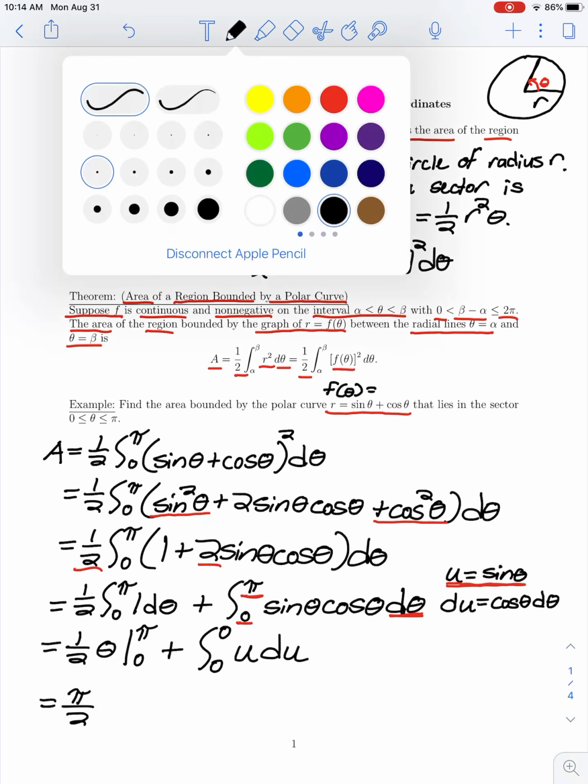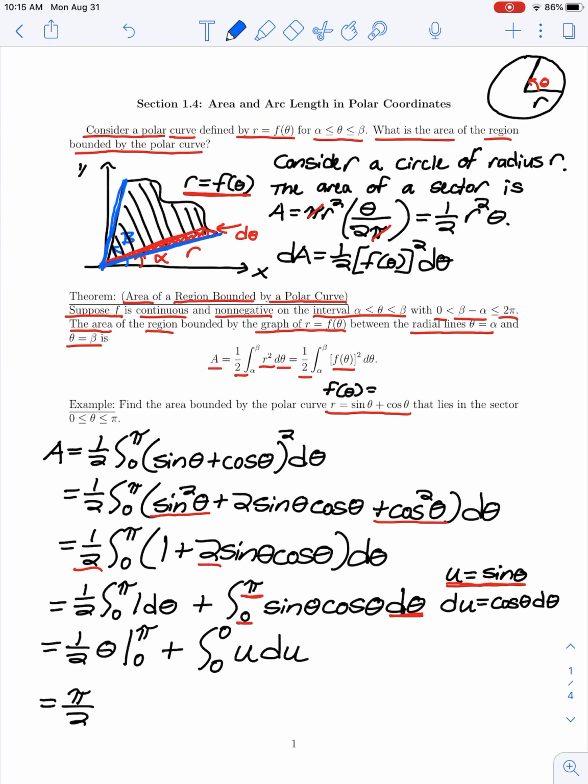At this stage, we can immediately see that our second integral is 0 because the interval over which we're integrating consists of a single point. Both the upper and lower limit of integration is the same value.